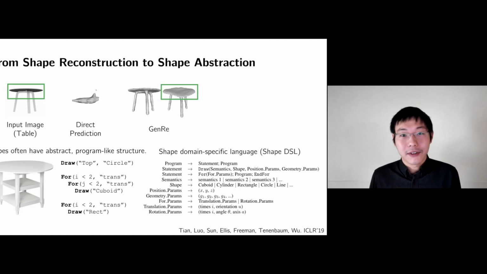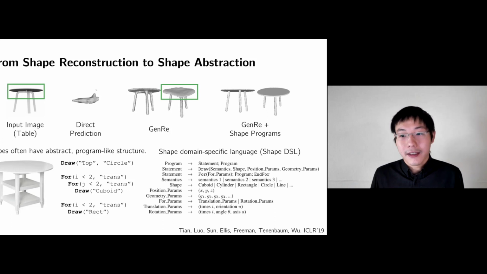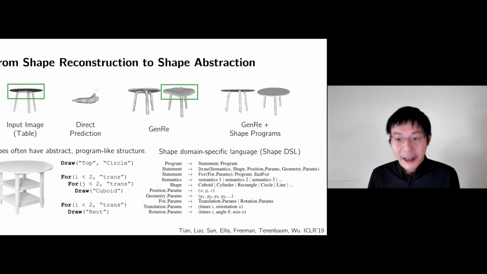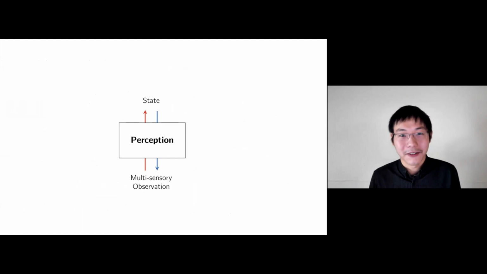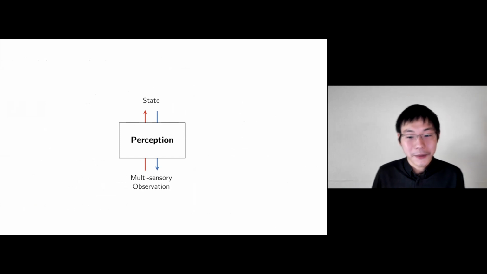So that instead of directly predicting 3D shape, we can predict 3D shape in this shape program space, to explain them using a shape domain specific language. And now you can see the output of the 3D geometry. It's much more regular and matches human intuition better. So putting them back into our framework, we're not only doing inverse graphics and augmented graphics to estimate the states, but we're really inverting this perception model, because we can go from multi-sensory observations, vision, sound, and tactile signals.